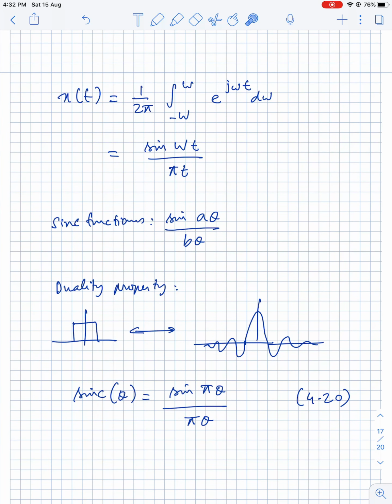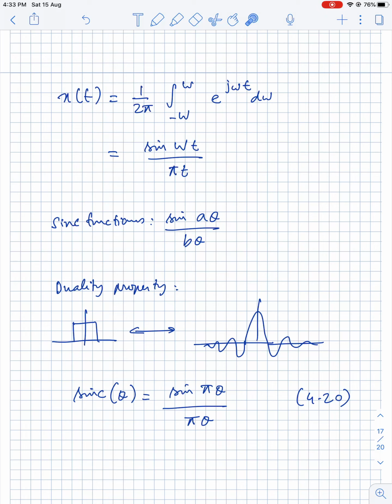A square pulse transforms to the sinc, and the sinc transforms to the square pulse. If this is in time, this is in frequency. There are these duality properties which will sometimes help us to solve problems.